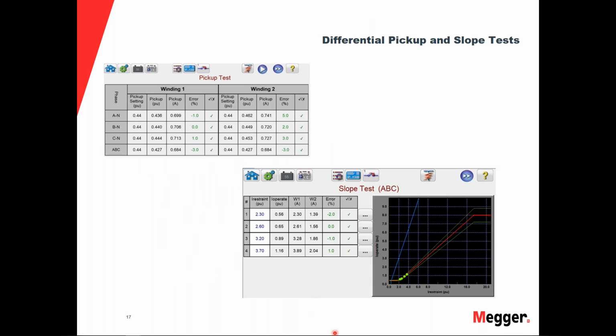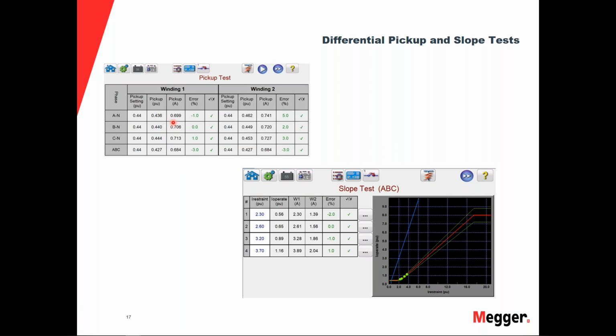Here's an example of the differential test, what the test would look like. To do the pickups on the windings, you can come in with the actual setting. This will be a per unit setting calculated from the actual values of the generator MVA, the KVA, and the CT ratios.